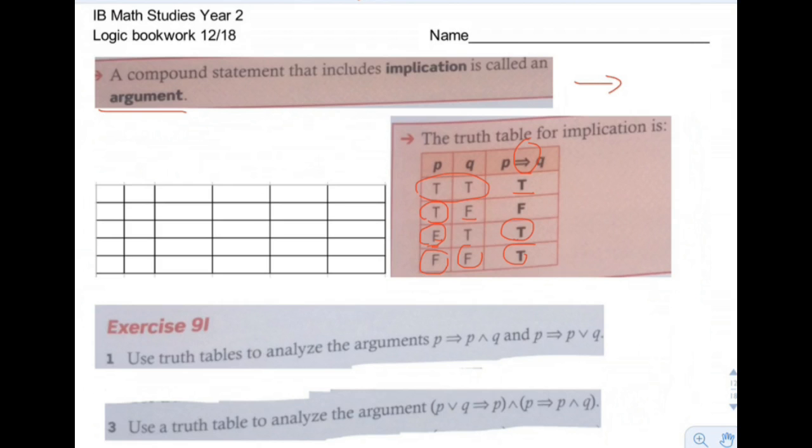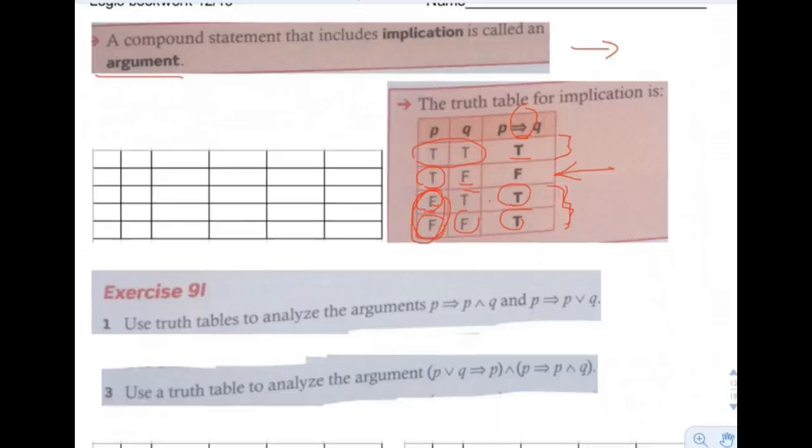So you can see that if P is false, anything goes for Q. Q could be true, Q could be false. So these are valid, and these are valid, but this is not valid. When P is true, Q cannot be false because P implies Q means that if P is true, then it forces Q also to be true. Okay? So that's just explaining that.